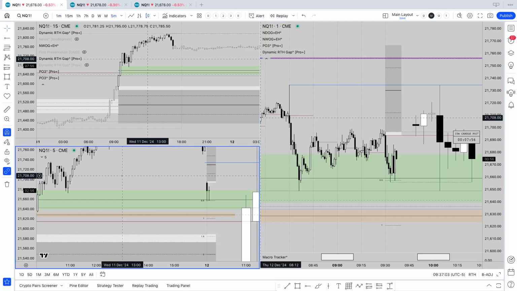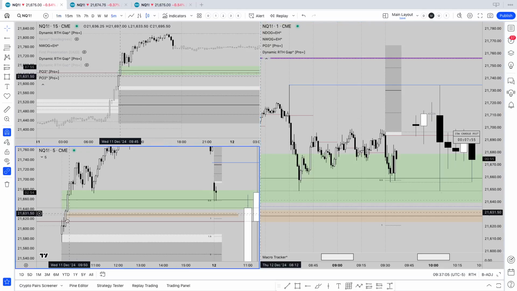What do you mean by first presentation? No, this is the first imbalance that was created during regular trading hours yesterday on the 5 minute chart.